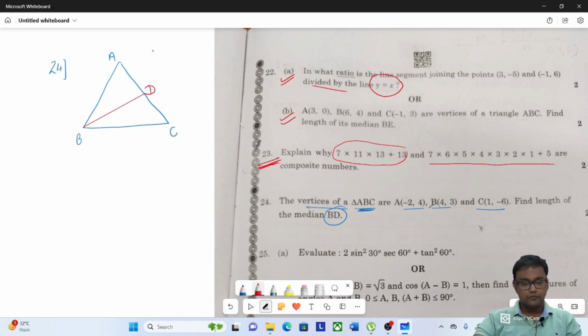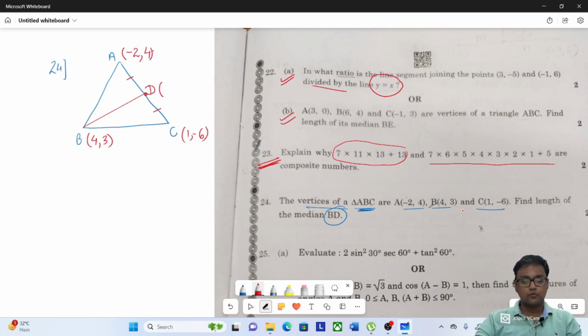There is no significant difference here. So, A is minus 2 comma 4, B is 4 comma 3 and C is 1 comma minus 6. And what are the coordinates of D? Yet to be found, because D is the midpoint and the coordinates of midpoint are given by the internal section formula when the two shares of the ratios are equal.